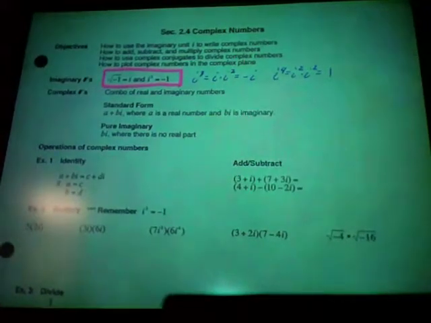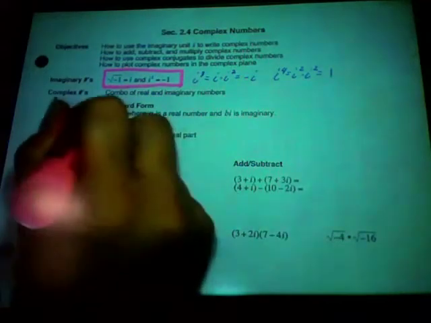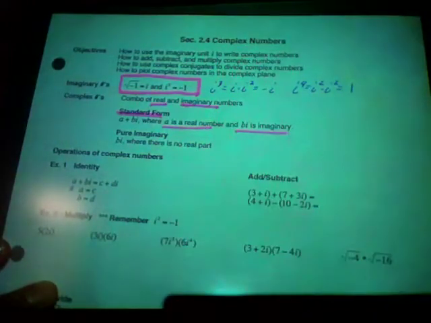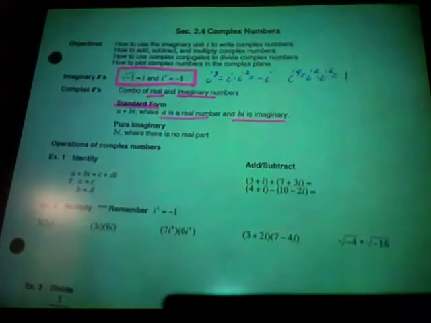Complex numbers have imaginary numbers in them. So here's your standard form. We have a combination of real and imaginary. So notice that a is your real number part and b is your imaginary number part. So you're going to have something like possibly 5 plus 3i, or -4 plus 2i, or -6 minus i.